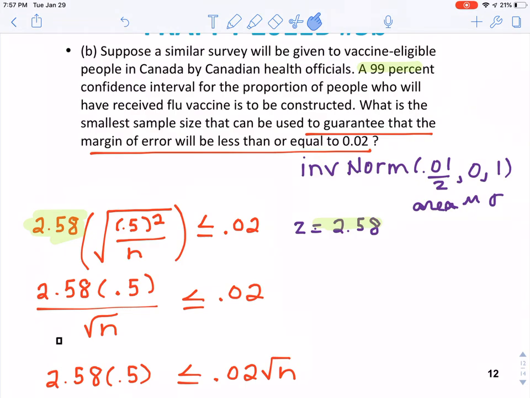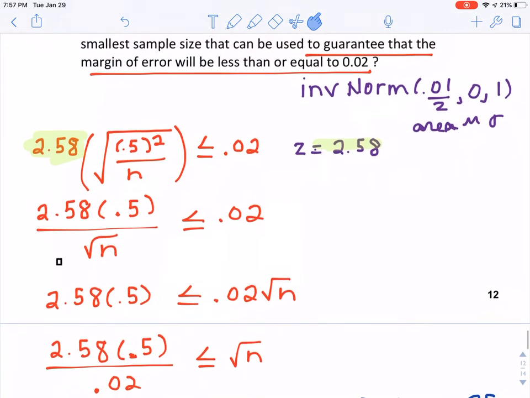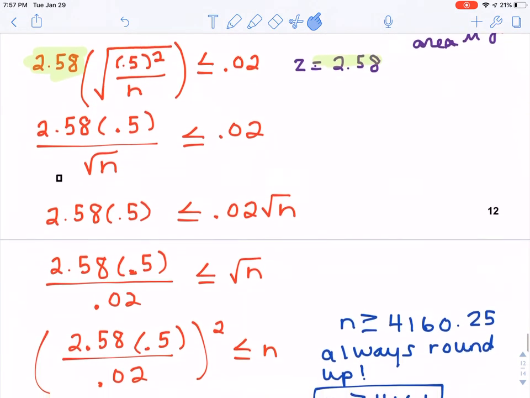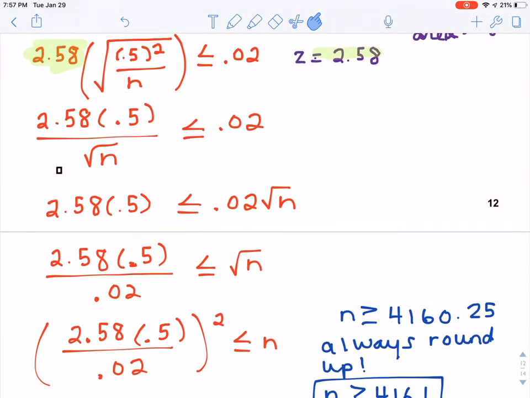Okay, and the question wants us to figure out how many people we should survey to keep the margin of error less than or equal to 0.02. Okay, so you can see I got it set up there. I'm just manipulating this using algebra to get the n by itself.